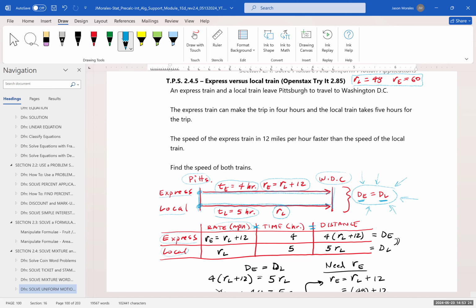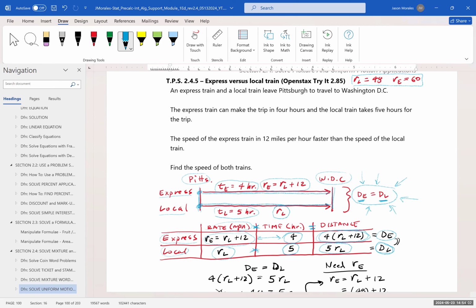And so the rate of the express train I put here, the rate of the local train is there, the time it took for the express train to make the trip, the time that it took for the local train to make the trip, and then these two multiplied together is the distance for the express train. So distance for the express train is equal to this expression. And over here, the distance for the local train is equal to the rate and time for the local train, and that was 5r sub l.